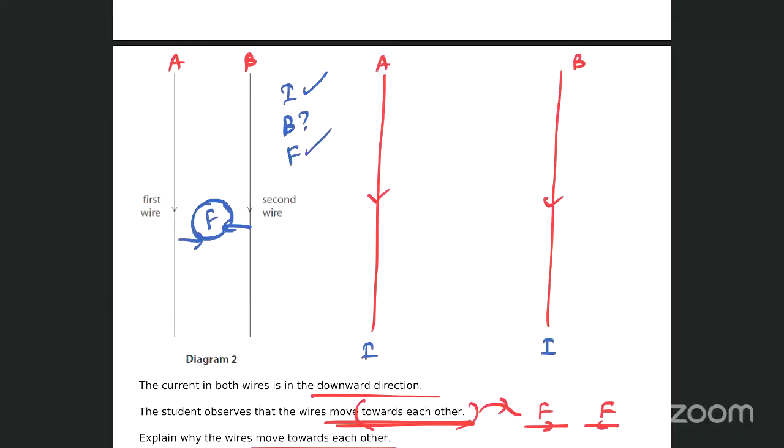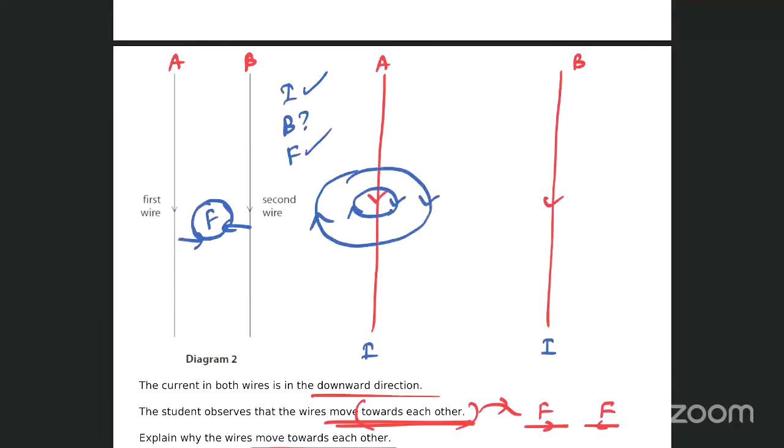So what we can do? Since you have a current, there will be a magnetic field generated around wire A. If we apply the right hand grip rule, we can judge that there will be a magnetic field around A like this.